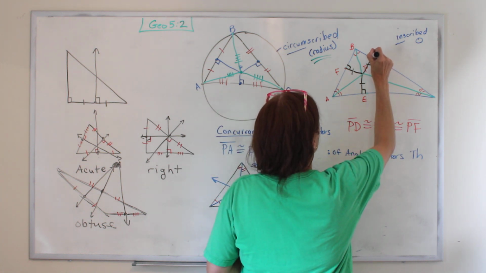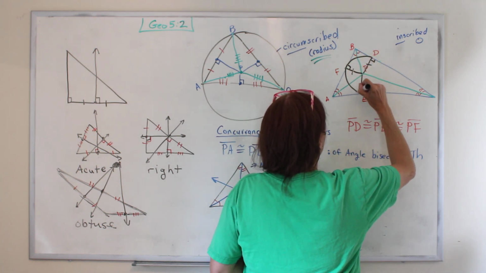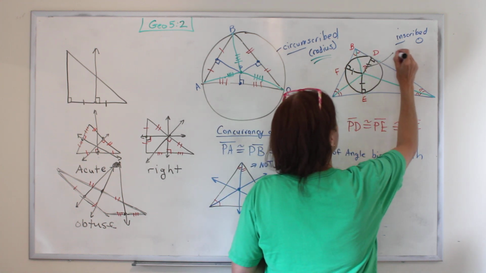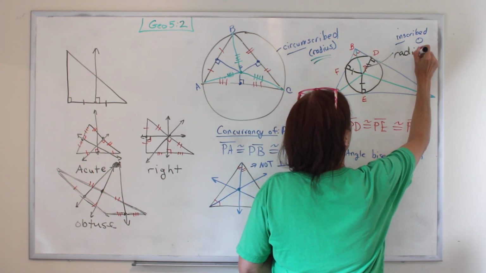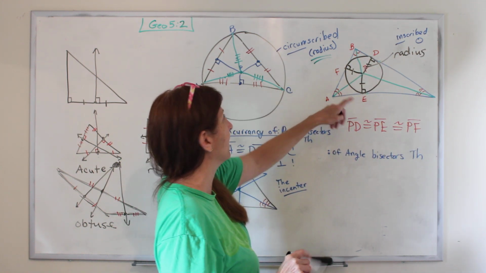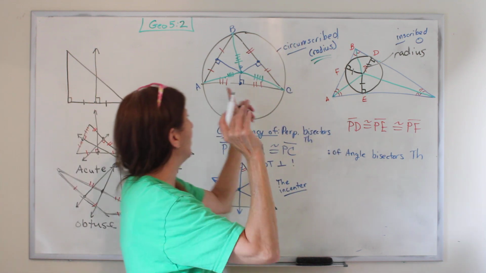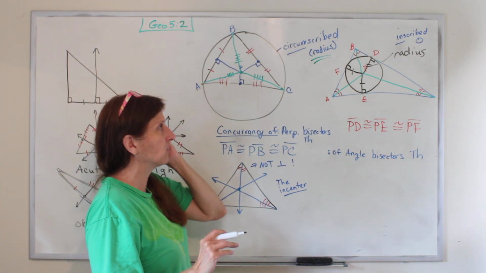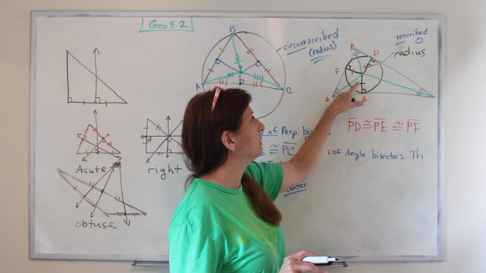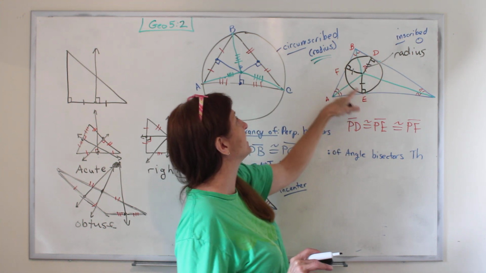And in fact, we could draw a circle here with that line being the radius. That's our radius now, because those are all the same. Now I have a circle inside the triangle. Before I had a triangle inside the circle. This is an inscribed circle because it's on the inside.